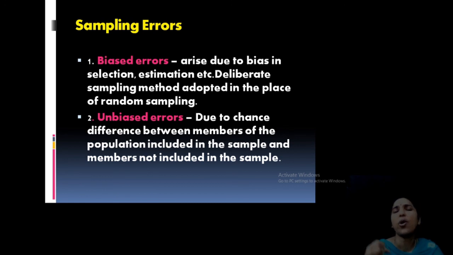So while drawing the samples, any exceptional cases in the population may be included in our sample, and it may create error. Likewise, it is by chance from our drawing samples. That is what unbiased error is. So biased errors are there, unbiased errors are there.